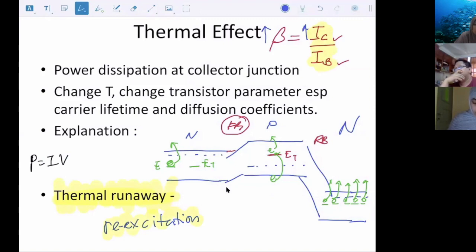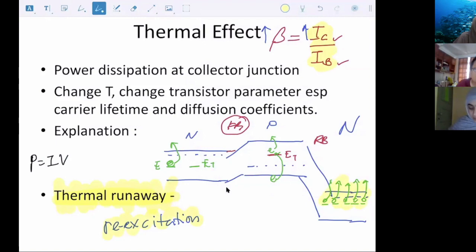because now we want to talk in terms of beta, the gain. So that's on the lifetime. As I'm talking about, there are a few mechanisms that are happening. Number one is the lifetime of the free carrier. So when this happens, re-excitation happens, it increases the lifetime.